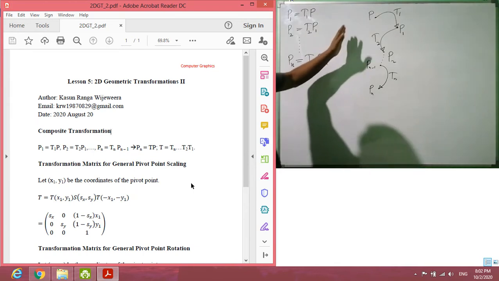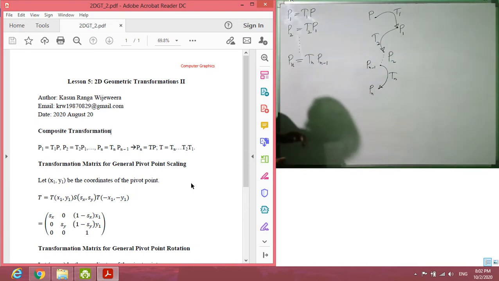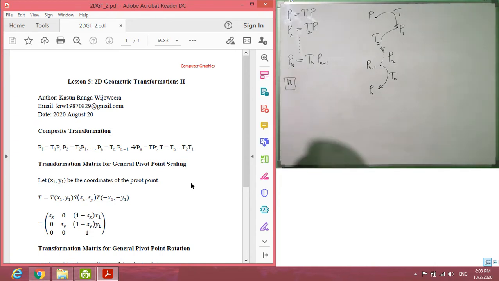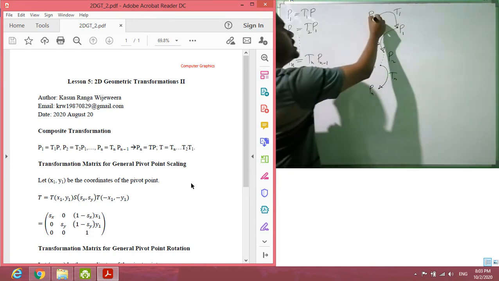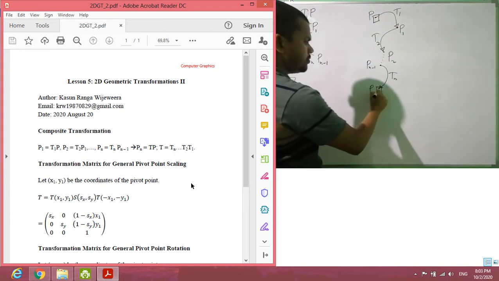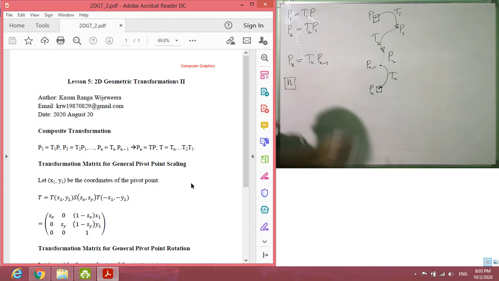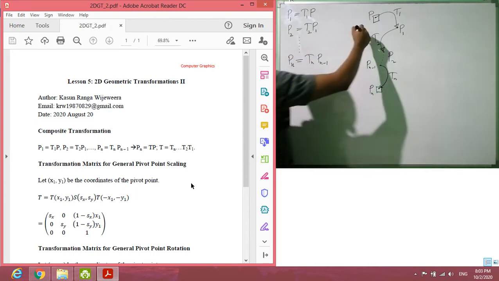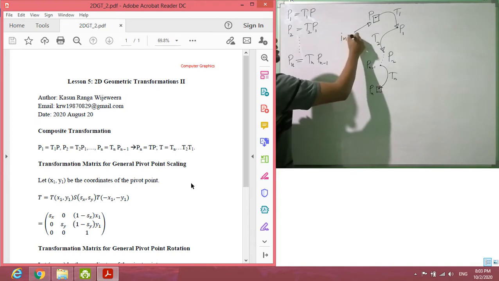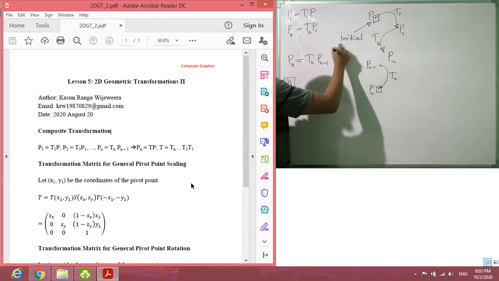Here we have applied n number of transformation matrices, and P has an initial position and a final position. This is the initial position.